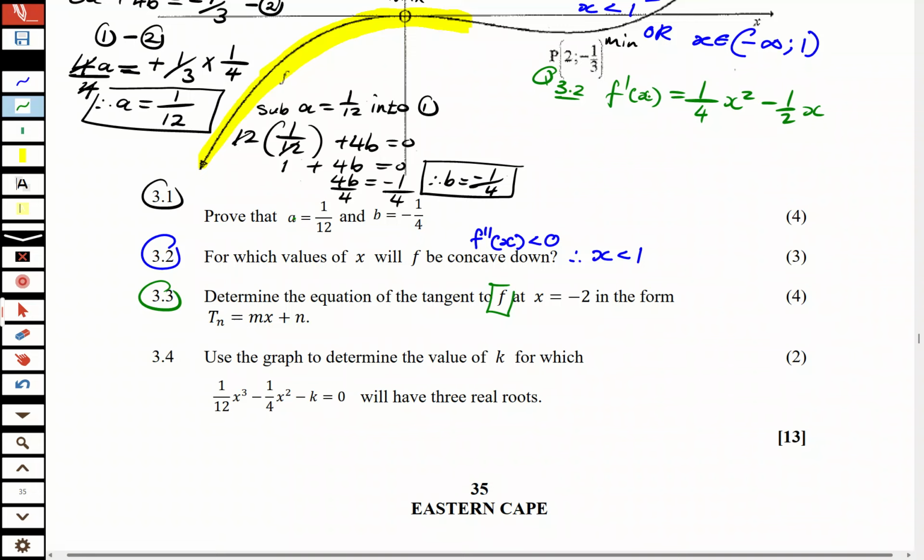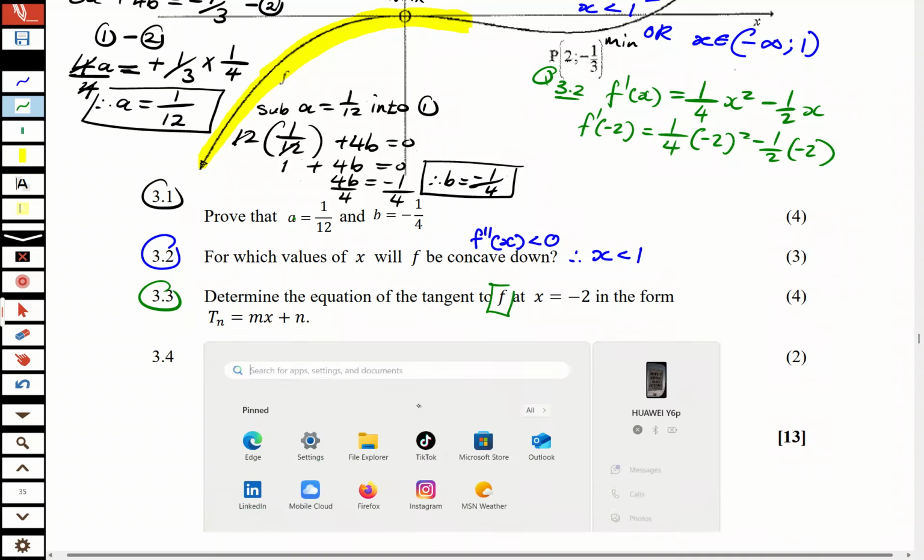Remember, I told you that when you take the first derivative, it's always going to give you any gradient that you want to this function at any x value. Understand? In this case, it is at x equals negative 2. So let's see the gradient at x equals negative 2. So this is 1 all over 4 into negative 2 squared minus 1 all over 2, negative 2. And then let me see what we have there.